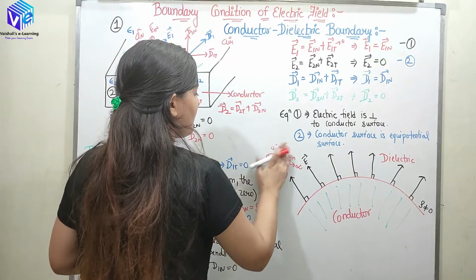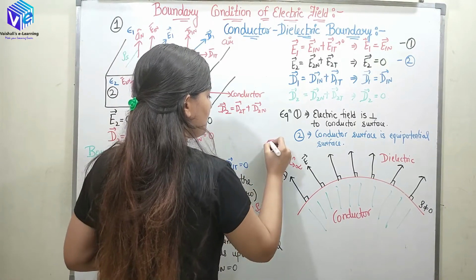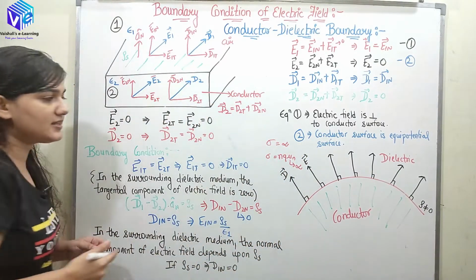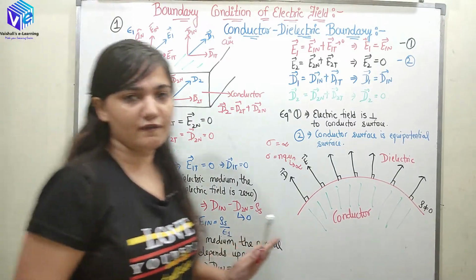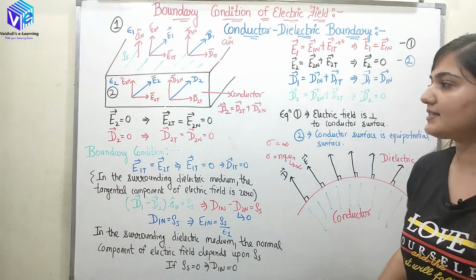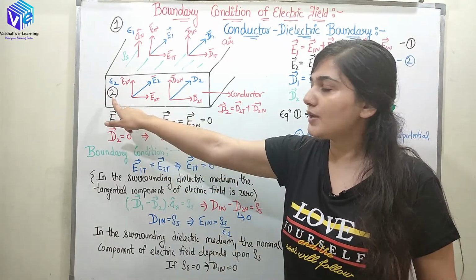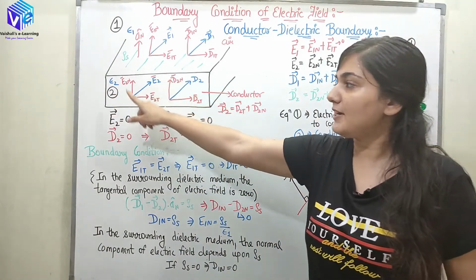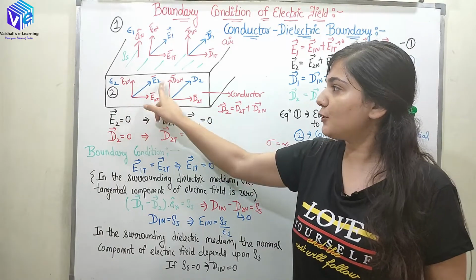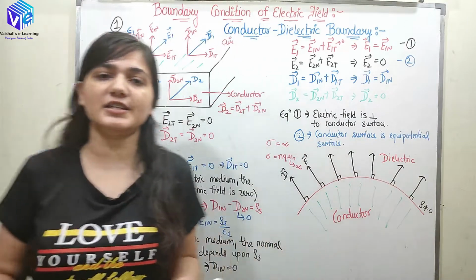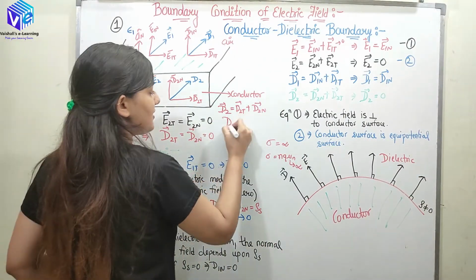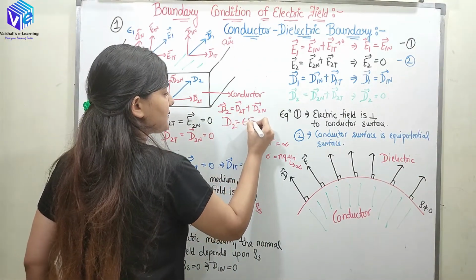So I can say sigma is infinity, mu n is infinity, which means I don't have any electric field present in the volume of the conductor. I can simply say E2 is 0. Two is my medium 2, which is the conductor. When E2 is 0, D2 has to be 0, because D2 is equal to epsilon E2.